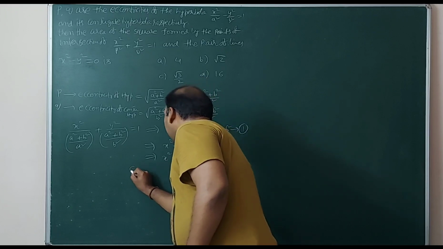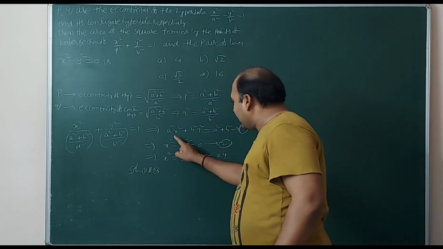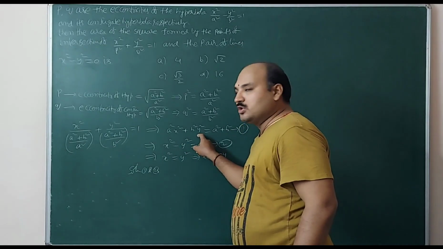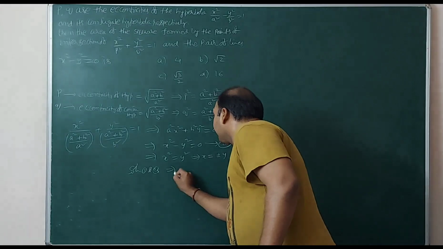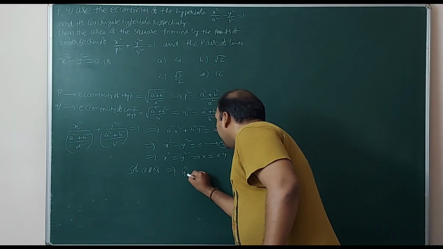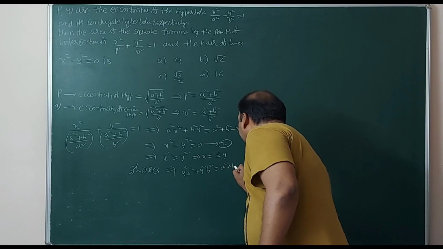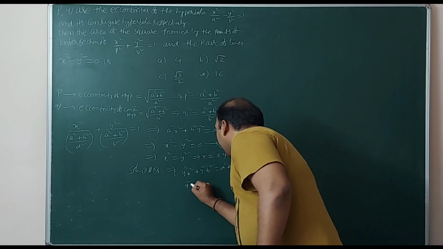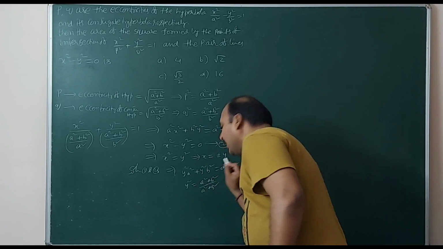So solving 1 and 2. Suppose x square is equal to y square. If you substitute both sides, y square will come. Y square, a square, b square will get cancelled. So here y square a square plus y square b square is equal to a square plus b square. So y square is equal to a square plus b square by a square plus b square.